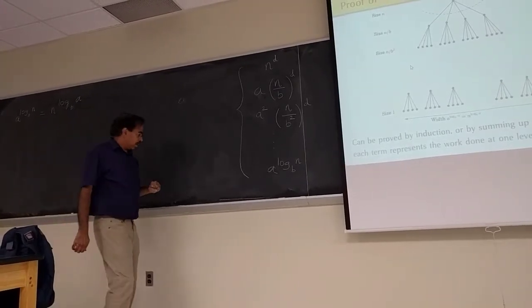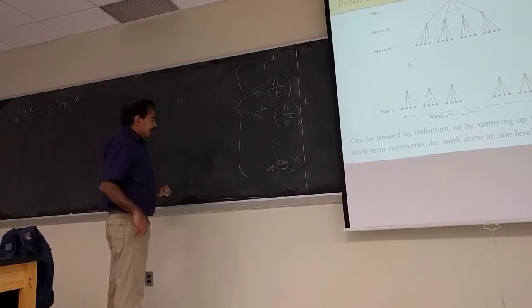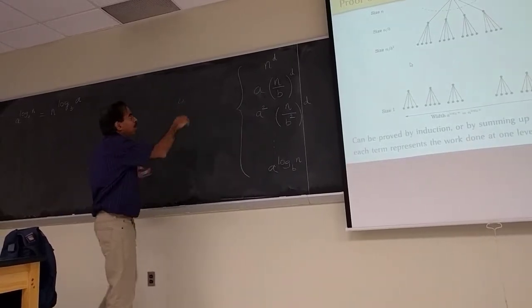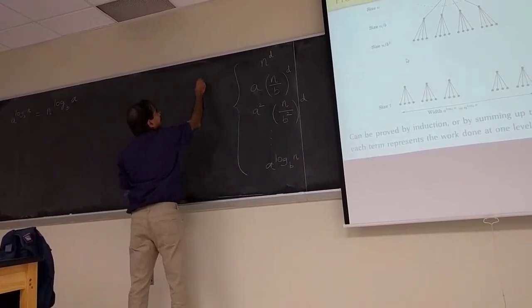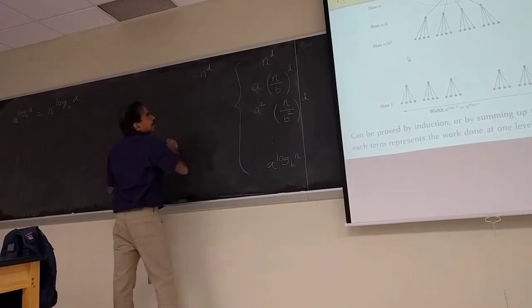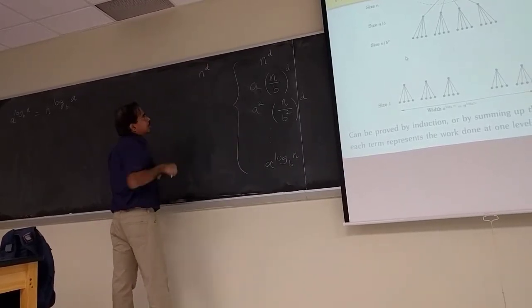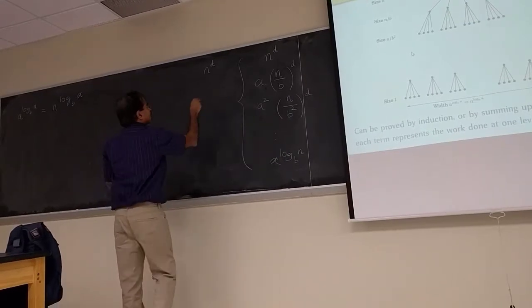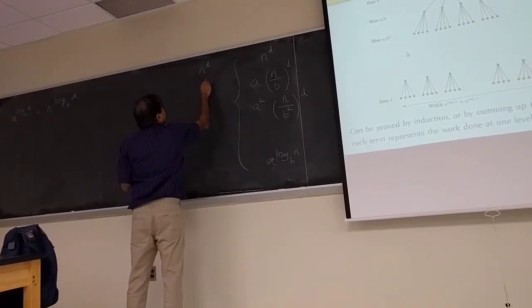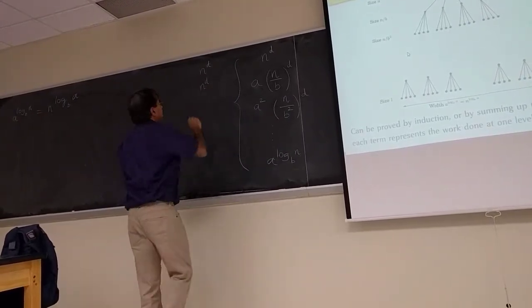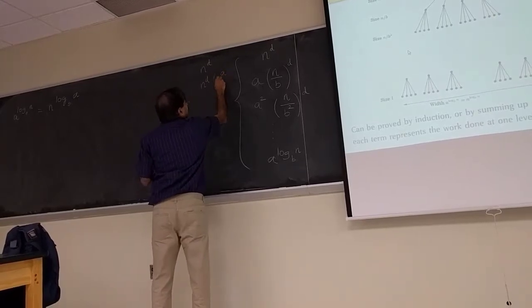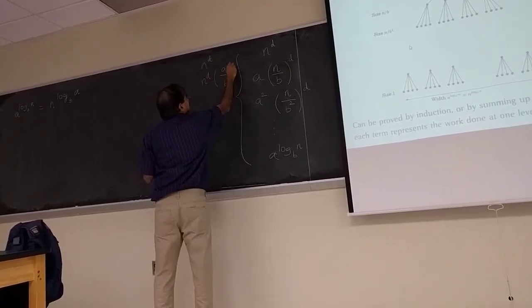So now we can write this down in the following way. We can take n to the power d, and then write this down as n to the power d multiplied by a by b to the d.